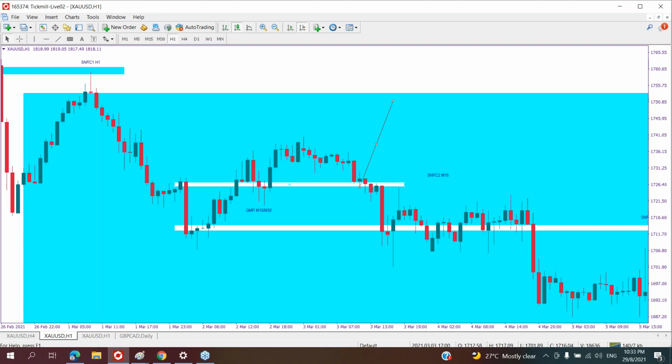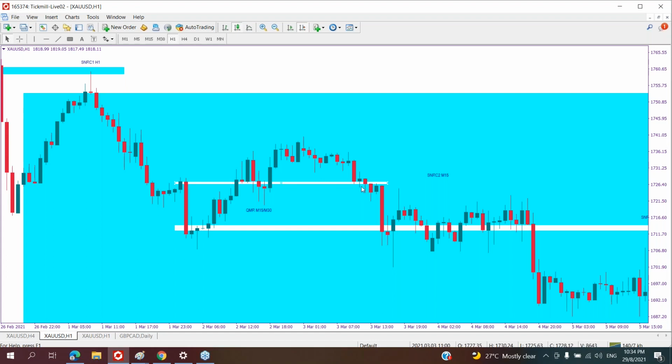But unfortunately, price didn't fly. Price kept on ticking and broke my entry point. For SNRC2, the entry point is the drop-base rally in the same line exactly with the resistance, and this is my entry point.